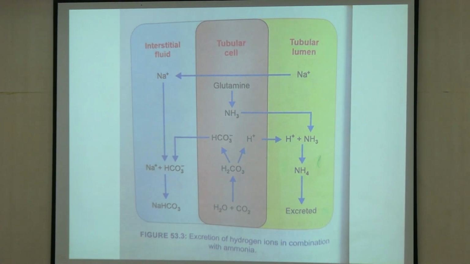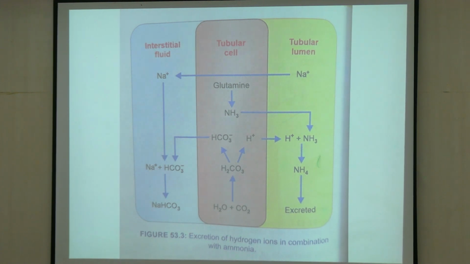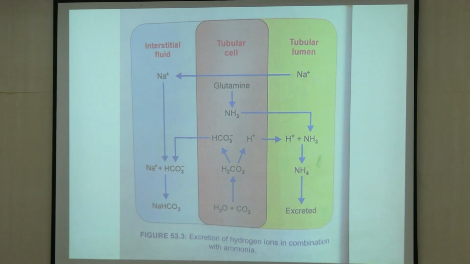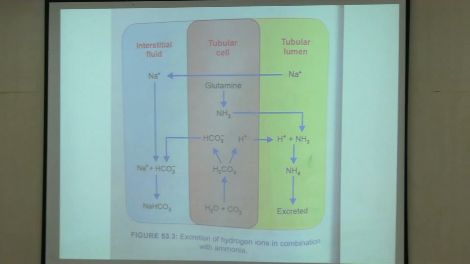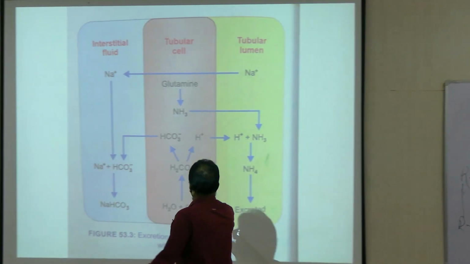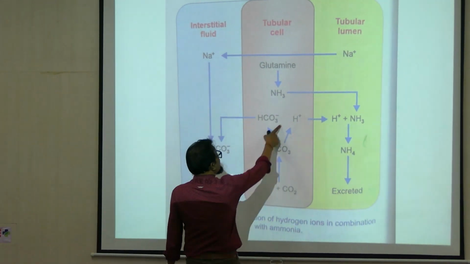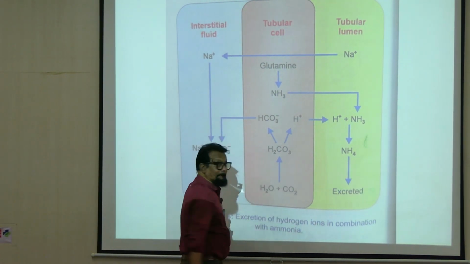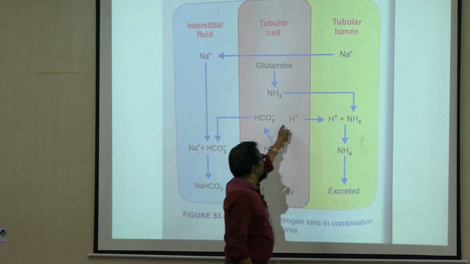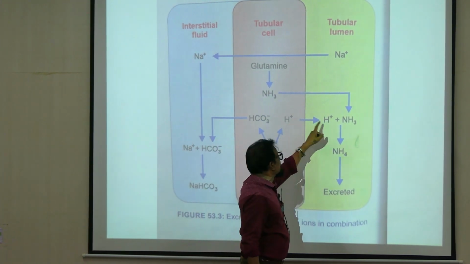Now what happens? This ammonia can accept one hydrogen ion and become ammonium. So you see here also, hydrogen ion is produced by this reaction. This will be eliminated by the proton pump. It will be secreted here.